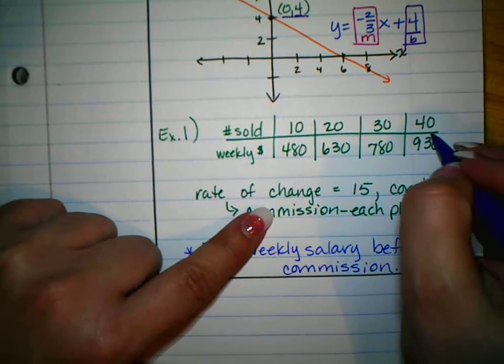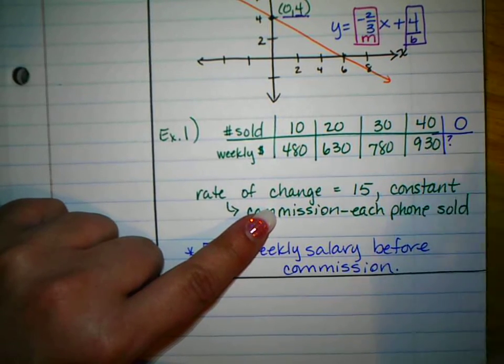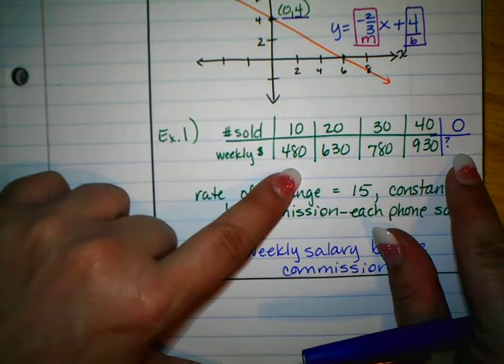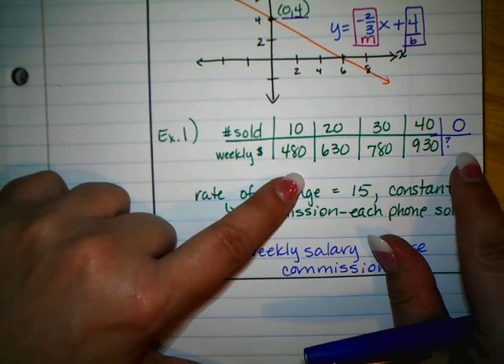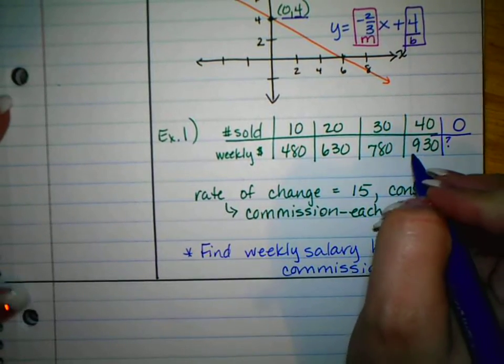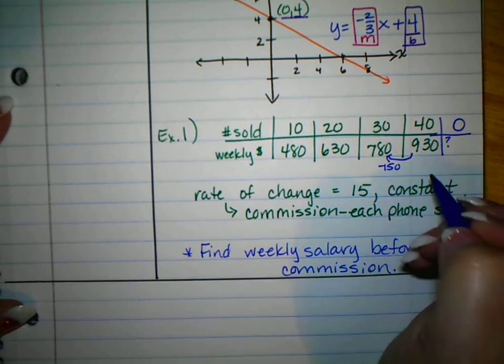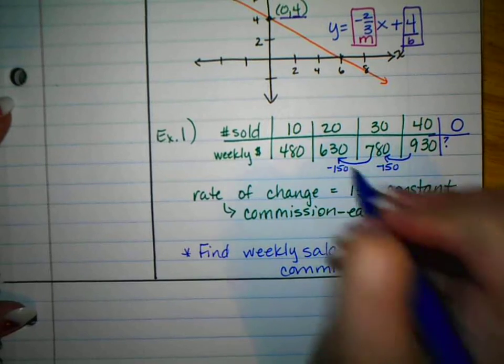So that's what I need to go find, is when he sold 0 phones, what was his weekly salary? If I check here to here, I subtract 150. From here to here, again, I subtracted 150.